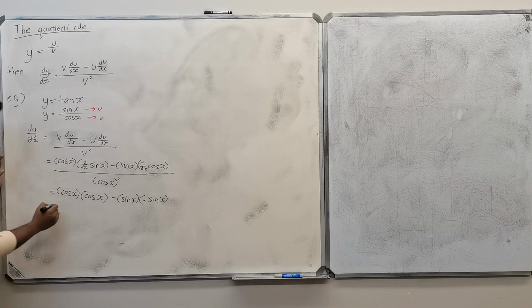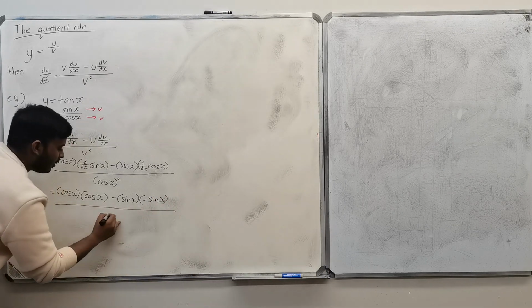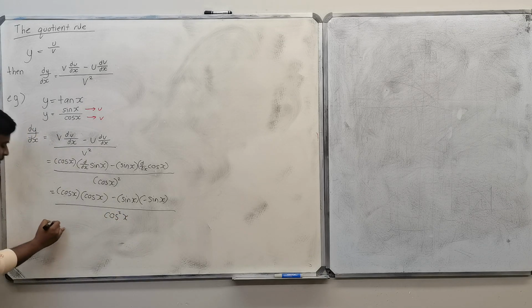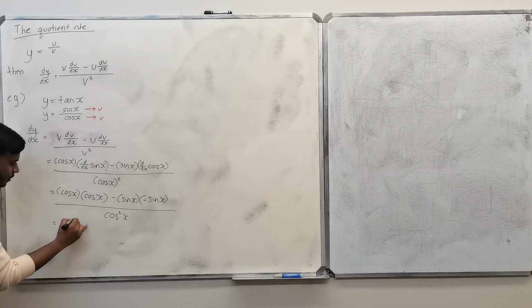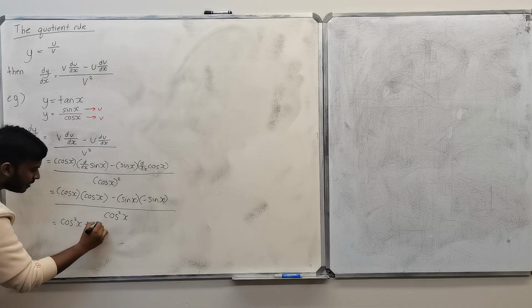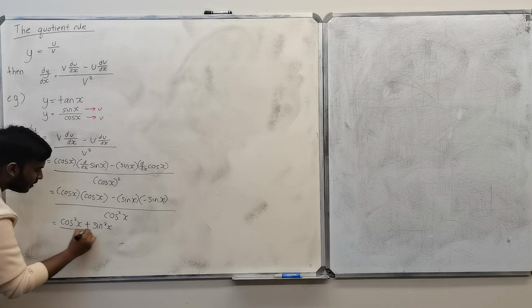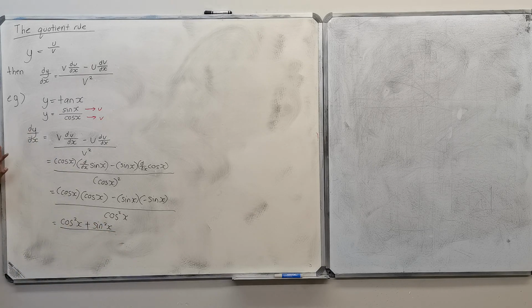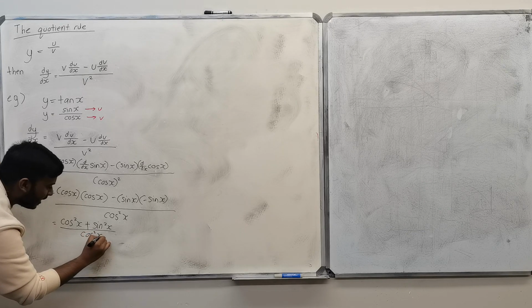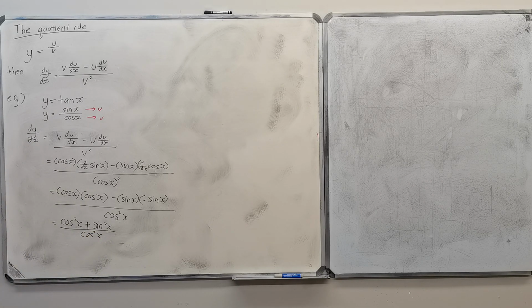Right? Minus minus sin x, all over cos squared x. So I'm left with cos squared x plus sin squared x, over cos squared x. Can I leave it like that?